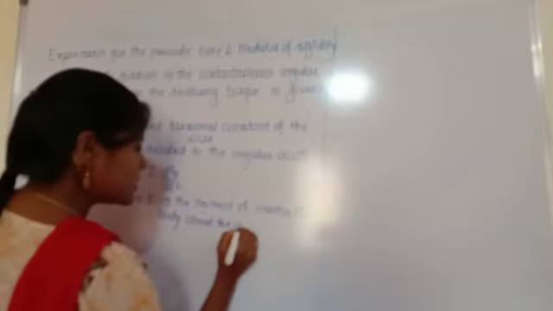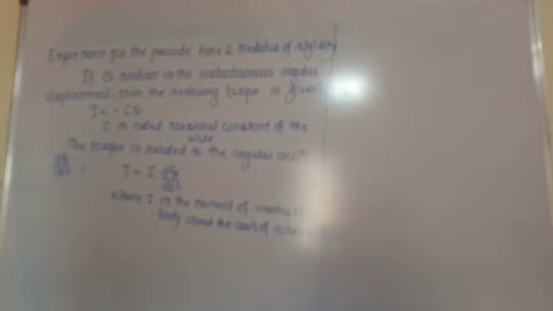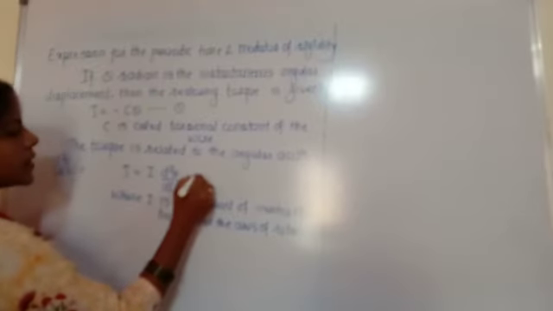So this I is nothing but the moment of inertia of the body about the axis of rotation. Comparing these equations, this is the first equation and this is the second equation.